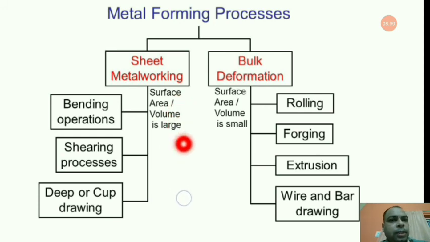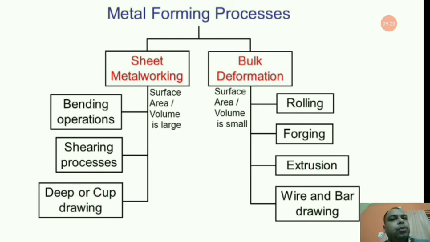For today, I will stick to the basic classification of metal forming processes. In sheet metal working, the surface area to volume ratio is very large, and the processes we are mainly concerned about are the bending operations and shearing processes, and deep or cup drawing as well.